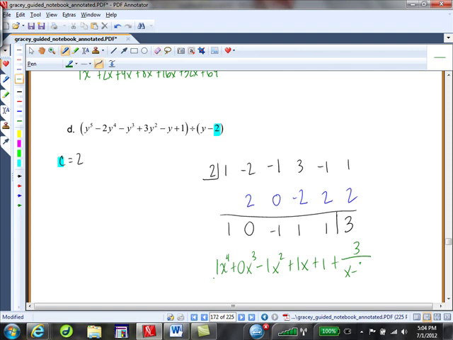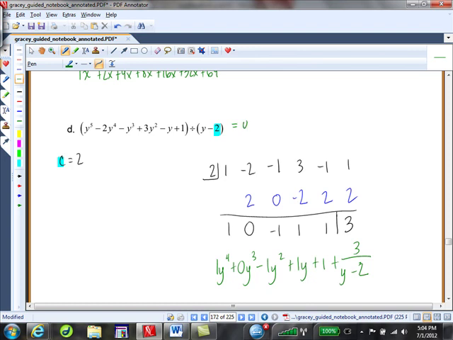Actually, we did not have x's, did we? We had y's. So all of these little x's we need to change to y's. Sorry about that. So that'd be 1y to the 4th plus 0y cubed minus 1y squared plus 1y plus 1. And that'd be 3 over y minus 2.